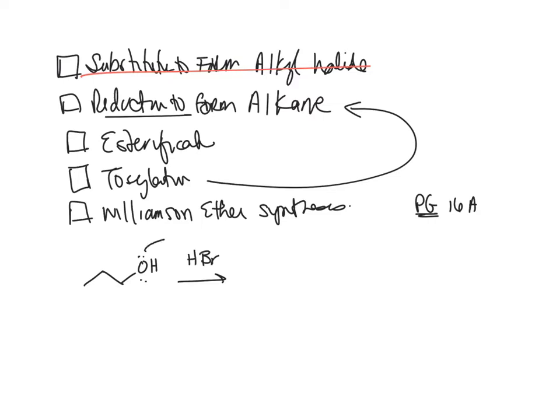The first thing that's going to happen is the alcohol is going to get protonated, just like we saw with the sulfuric acid. Now you have a great leaving group, and you have the bromide, which is a good nucleophile.